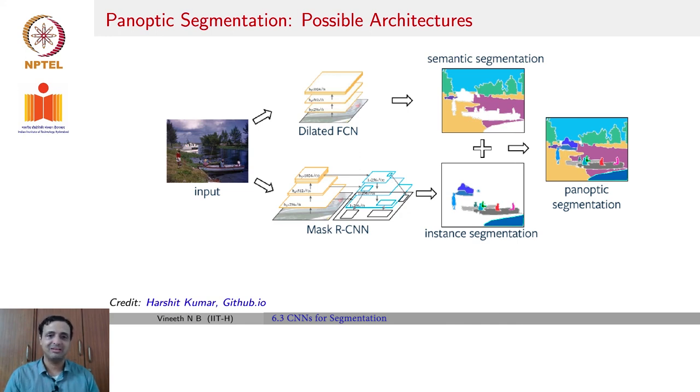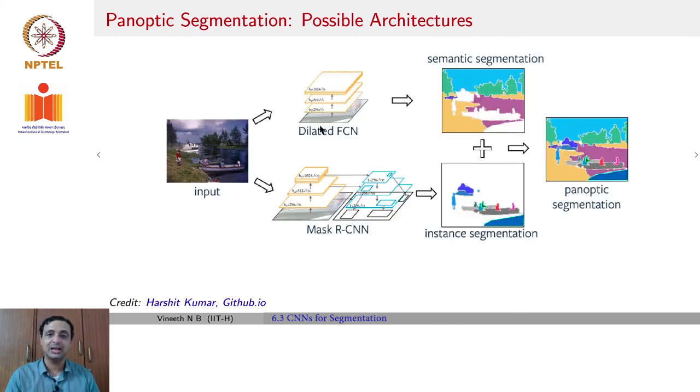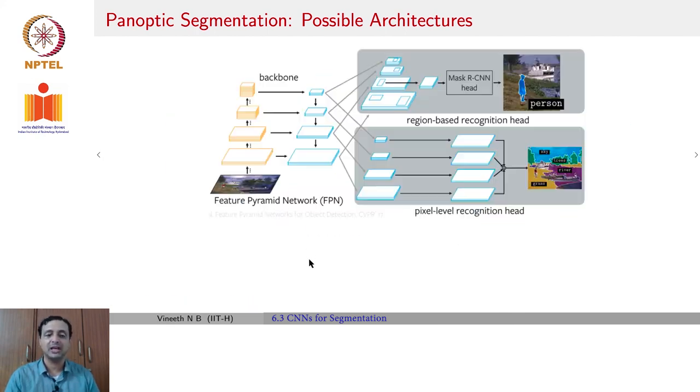Another approach is you could take a feature pyramid network. Instead of using a dilated FCN or a Mask RCNN, you could use an FPN, a feature pyramid network, and then send those detections through a Mask RCNN head to get your instance level segmentations.